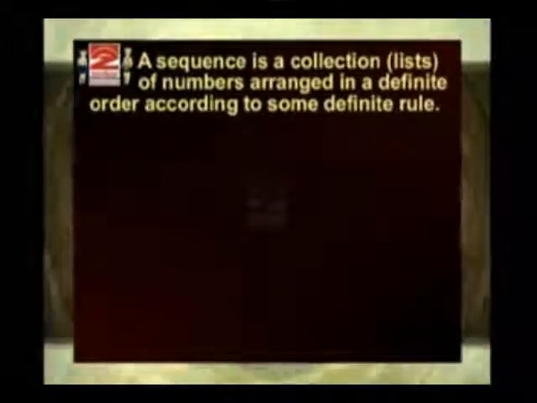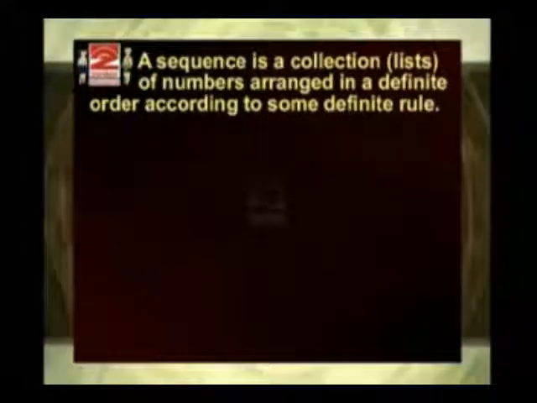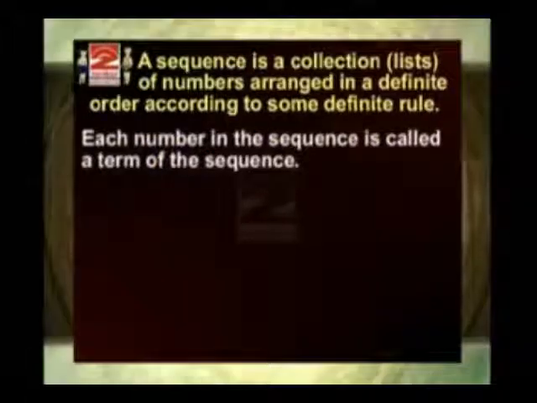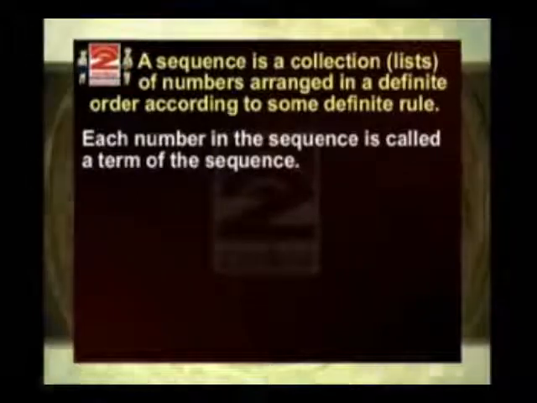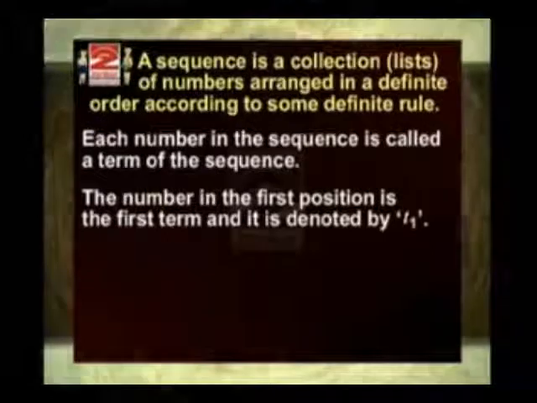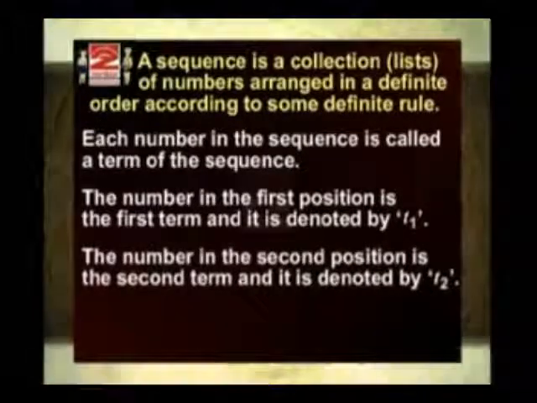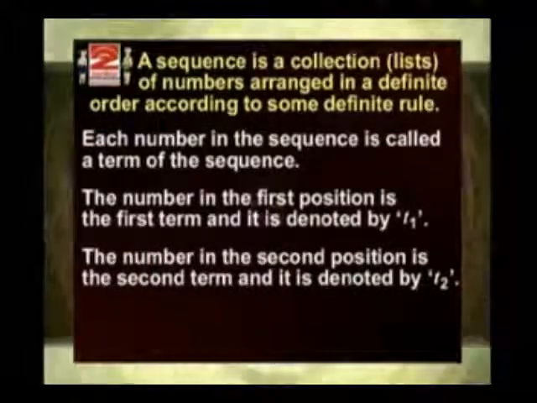So, now we'll know what is meant by a sequence. A sequence is a collection of numbers arranged in a definite order according to some definite rule. Each number in the sequence is called a term of the sequence. The number in the first position is the first term and is denoted by T1. The number in the second position is the second term and is denoted by T2.